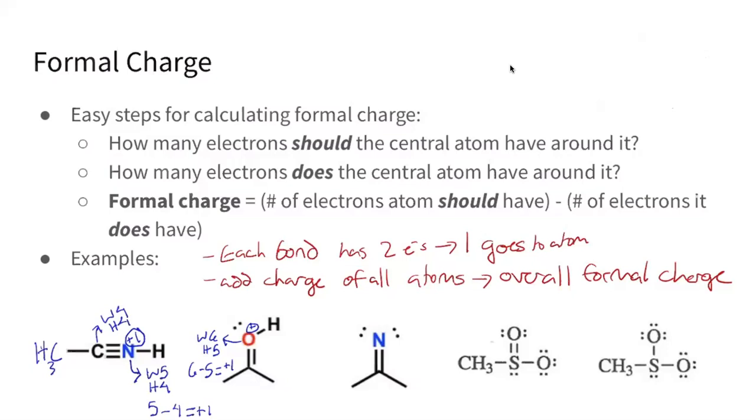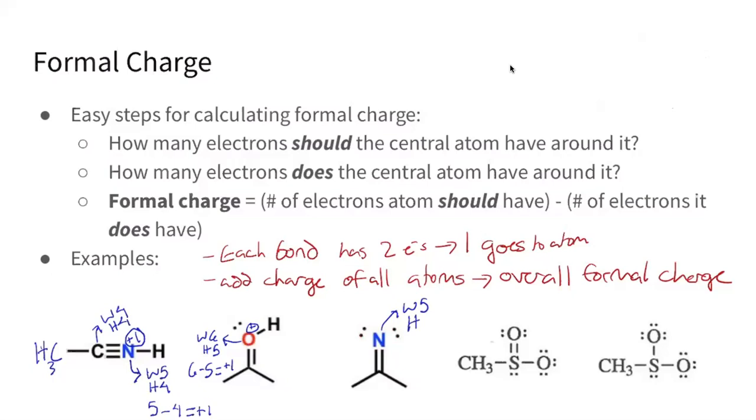Okay, let's do another example, which again involves nitrogen. We see here for this nitrogen, again, it wants to have 5 electrons around it. Let's count up how many it does have. Each bond counts for 1 electron towards our count. So 1, 2, 3, 4, 5, 6.